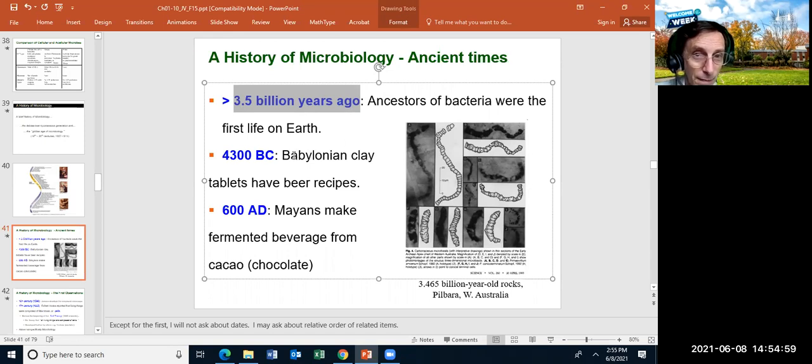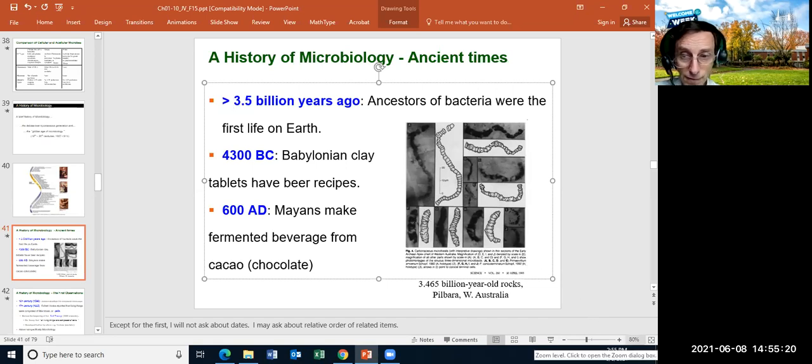Okay? Any question about that? So the only date you really need to know is the first one, and that is 3.5 billion years ago. We have the first evidence in the fossils of an ancestor to a bacteria.